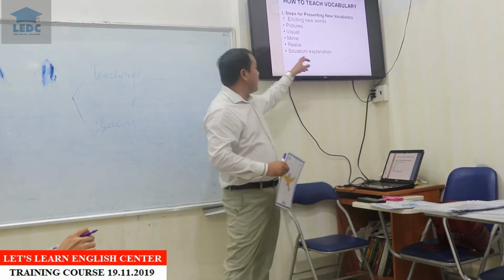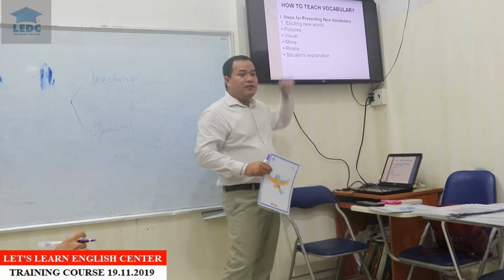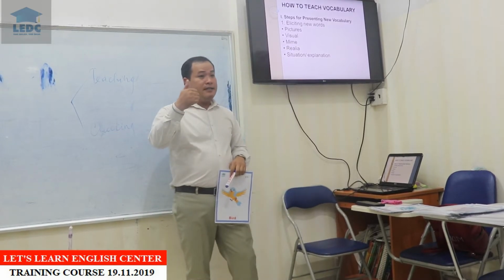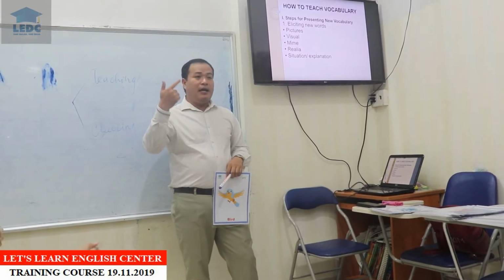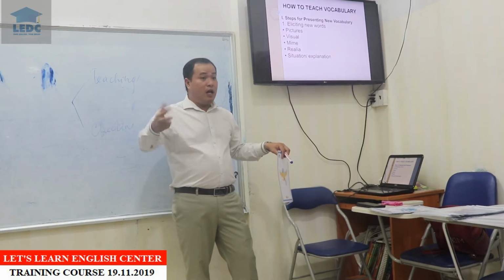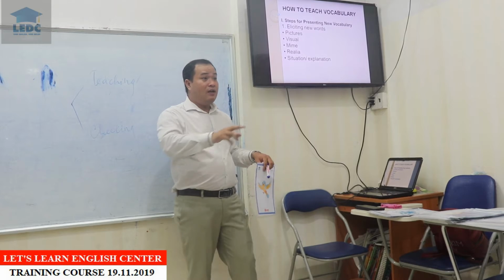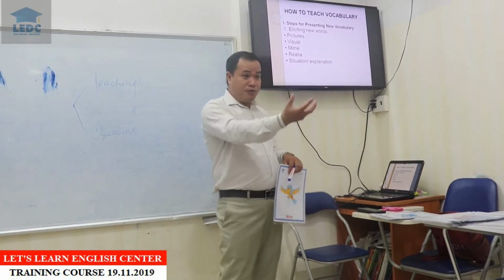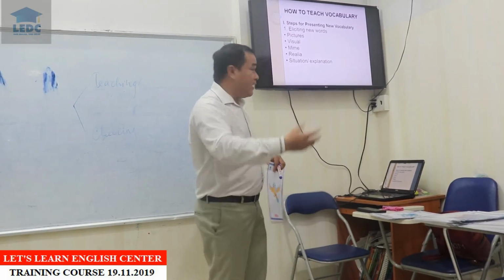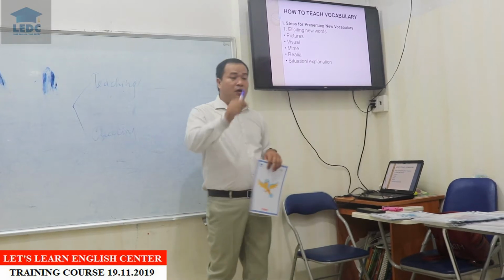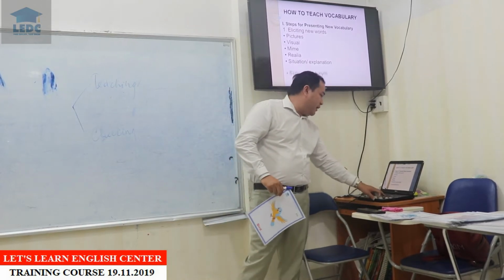You can use a situation or explanation. For example, you say monkey, tiger, giraffe, a lot of animals in the zoo. It means that the students say the zoo. It means that you elicit them with an explanation. Or you can give them examples.